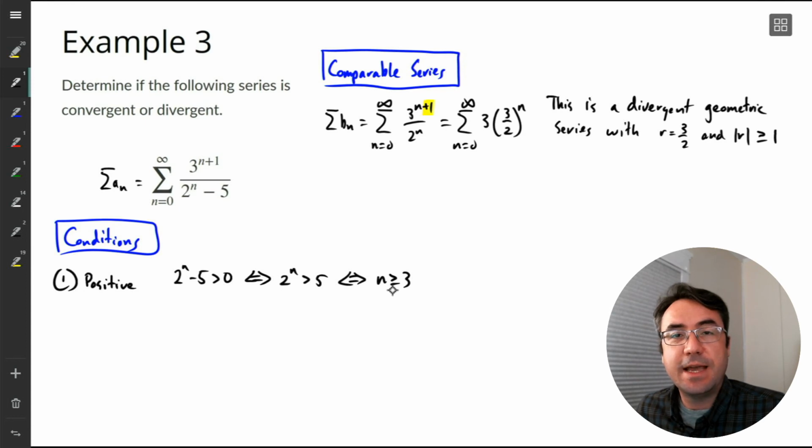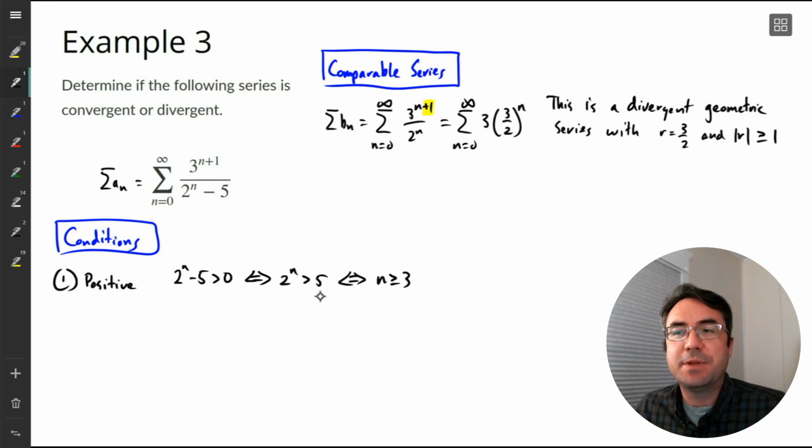So once n hits 3, we're talking about 2 raised to the power 3 here, which is 8. 8 is definitely bigger than 5. So there's a couple terms there at the beginning, when n is 0, when n is 1, when n is 2, where the terms in our sequence an are negative, but that's okay.